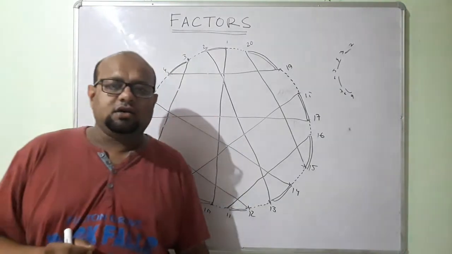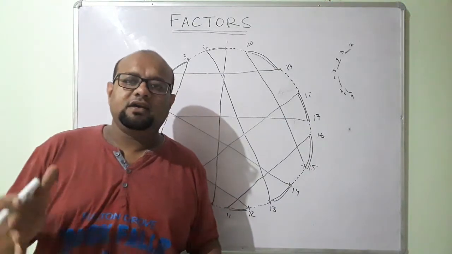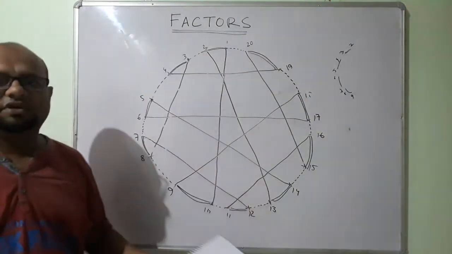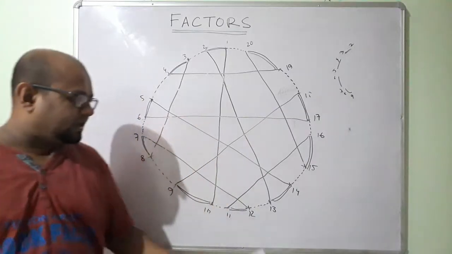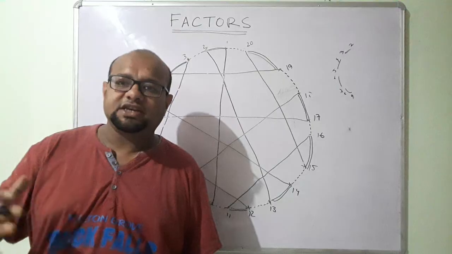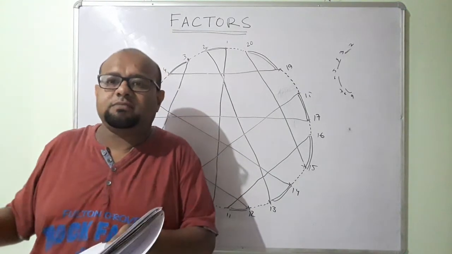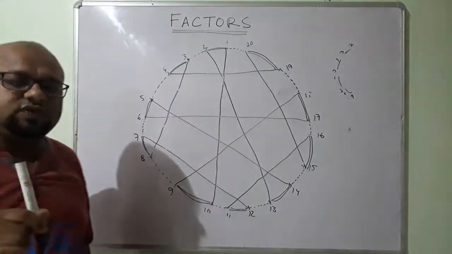Alright, so when I combine them together, I get back my original graph. So I have three different perfect matchings in here, and all the edges in these three perfect matchings were disjoint.